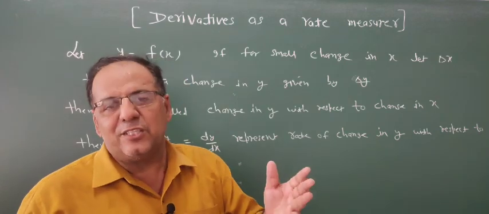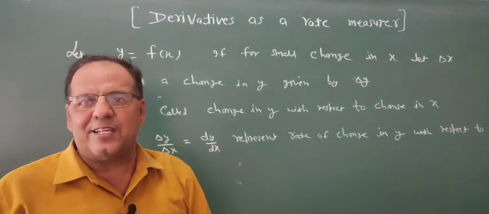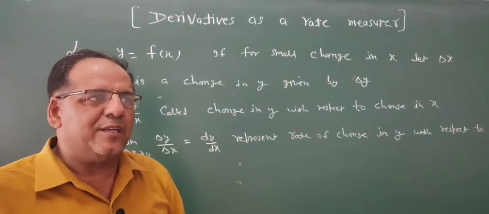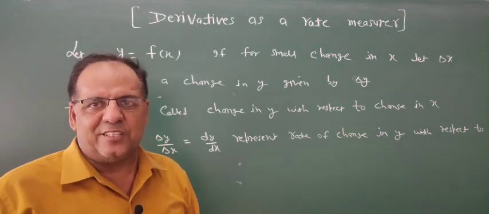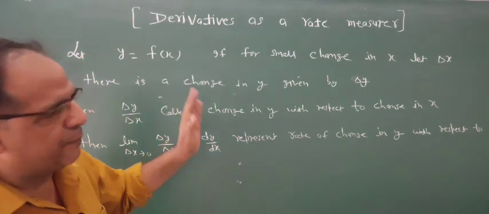In this type of problem, we check if the radius increases or decreases, then how the volume and the surface area of the sphere will change. So in this topic we will study this type of problem.